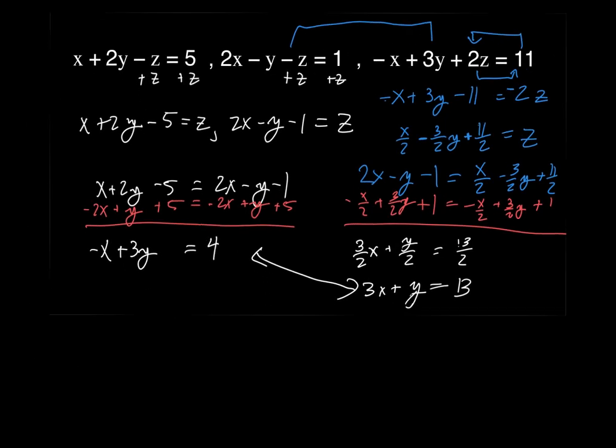Can I combine two different sets? The first set that we combined were these two, right here, to get me to an x and y equation. And then I use these two to get me to an x and a y equation. And now I just have x's and y's.